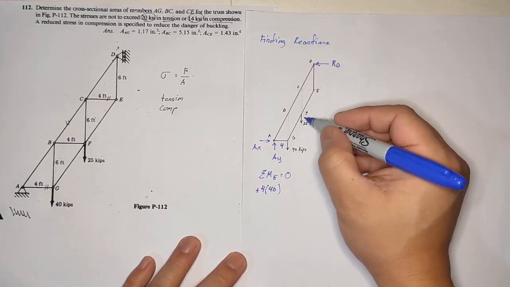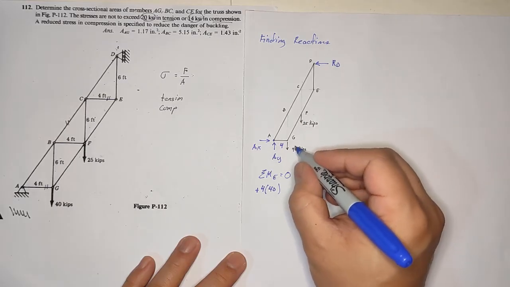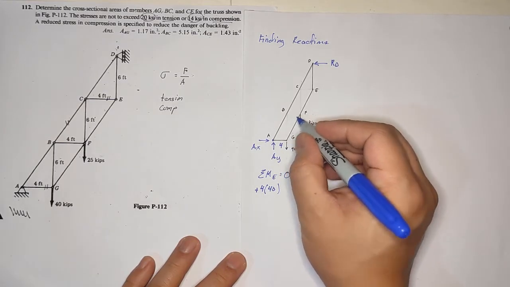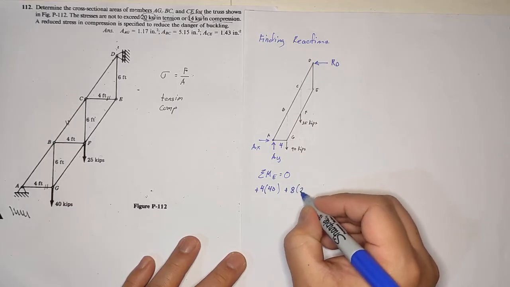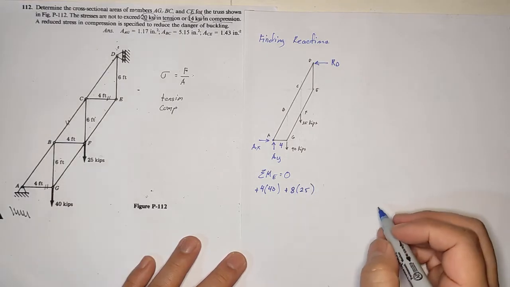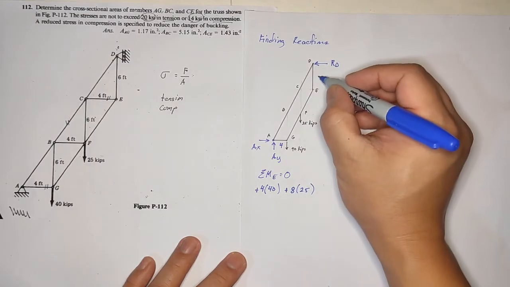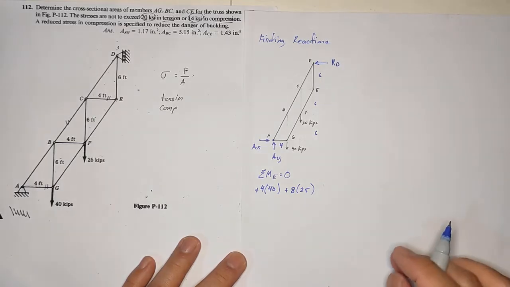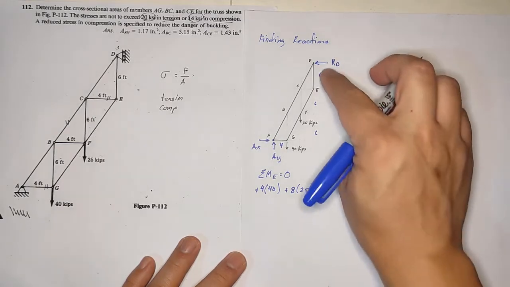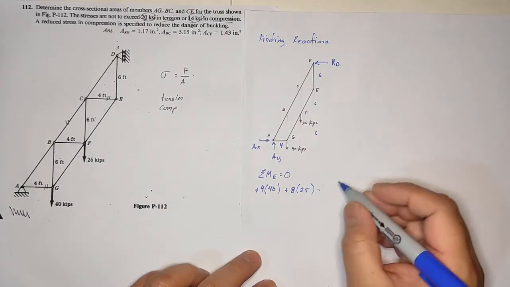What are the other forces? This 25, the distance is 8, because this is 4, that is 4, that is 8. It's also positive, 8 times 25. Then you have the RD. This is 6 and 6, so you have a total of 18 feet. The rotation is counterclockwise, so that is negative.